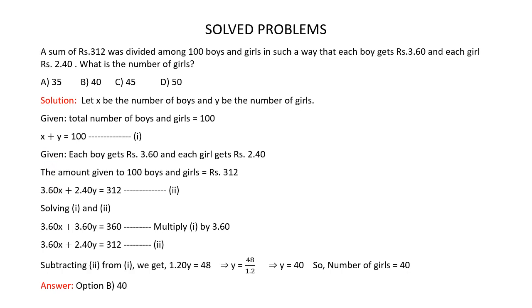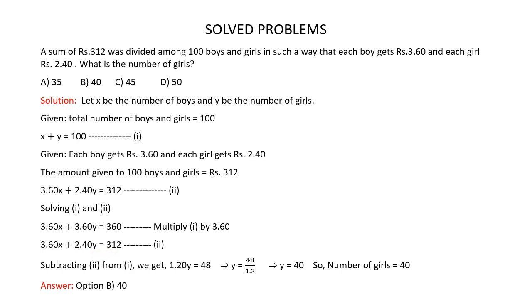So multiply the first equation with 3.60. On multiplying the first equation with 3.60, we get 3.60x plus 3.60y is equal to 360. Now the second equation is 3.60x plus 2.40y is equal to 312.